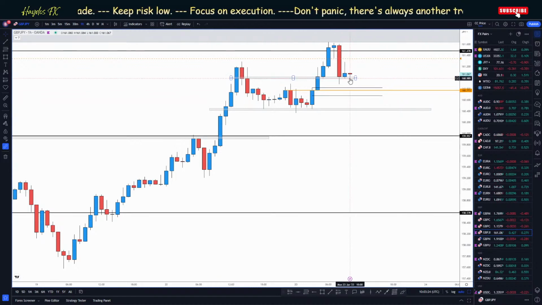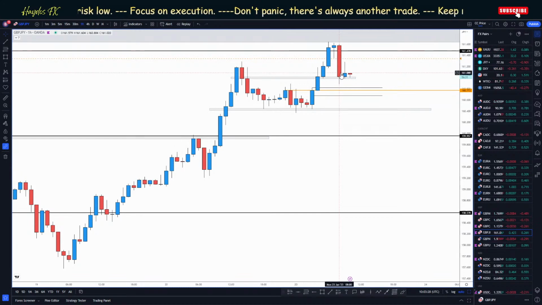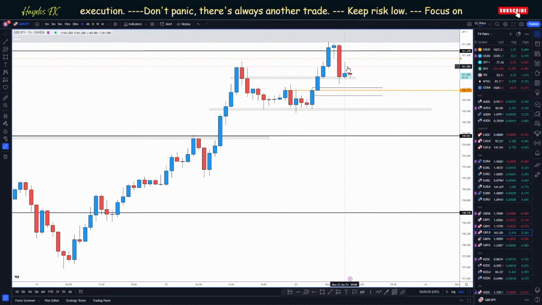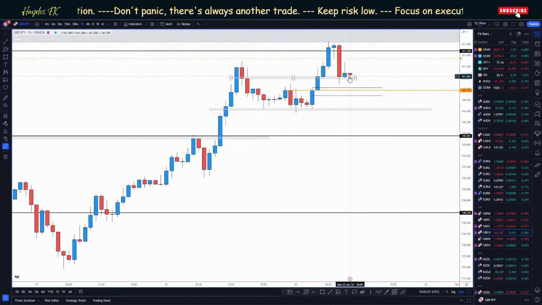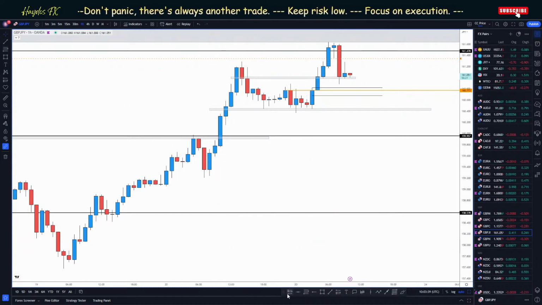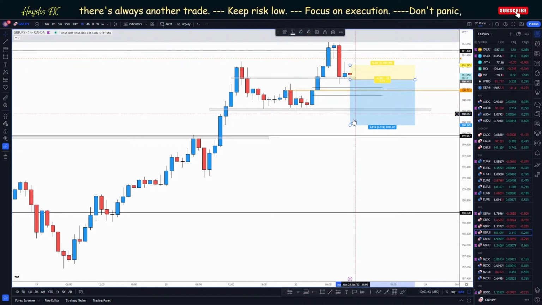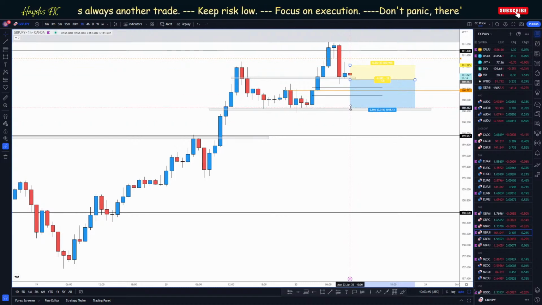I could get around selling the low because a big candle, bearish volume, smaller bullish volume, but creating that little support. So if we can respect the high now and then start breaking underneath, then I could get around something like this.